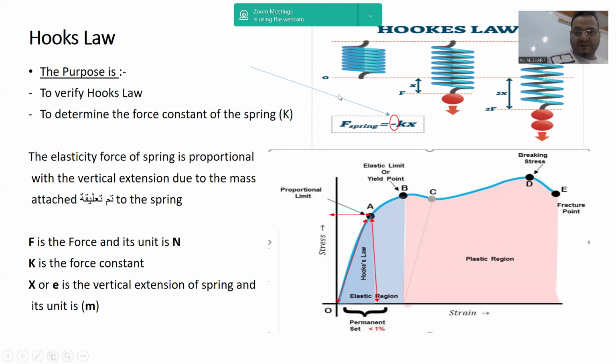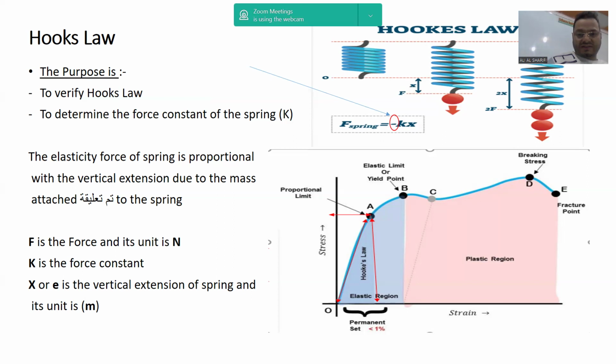The flexibility of the spring, like your bone, is proportional to the vertical extension, delta L, the delta length, due to the mass attached, because some force, some resistivity, is applied in your bone. It is the same situation as the spring when some mass is attached to it.